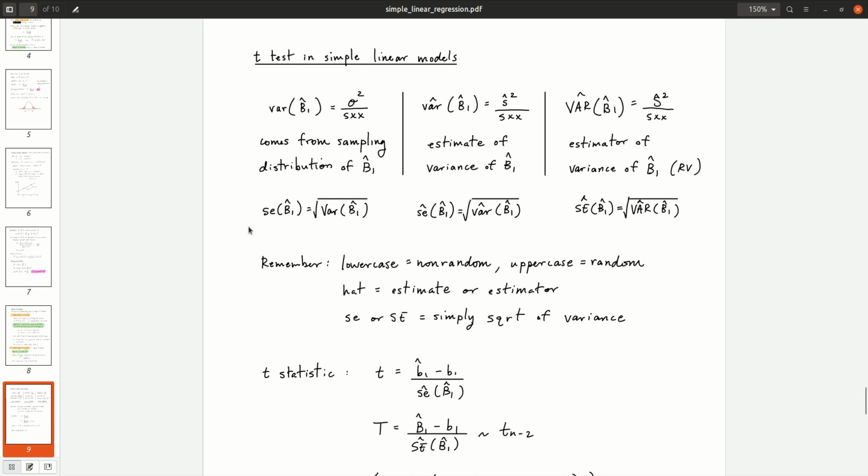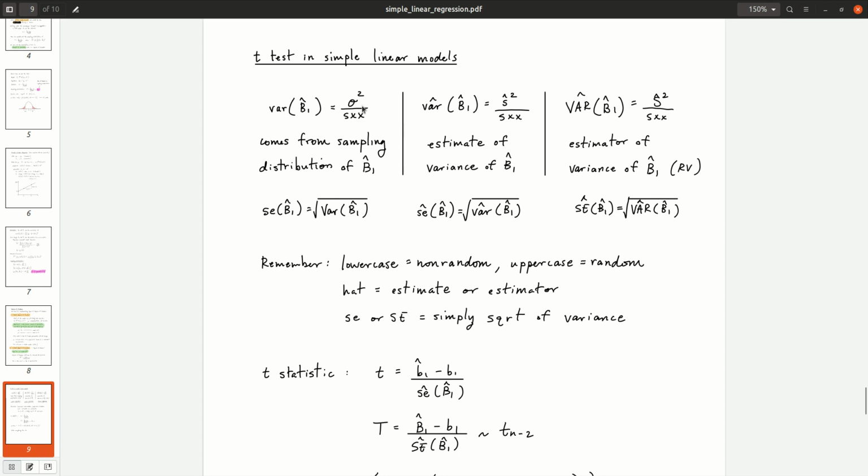I think it's a little bit unnecessarily confusing. So all we mean by standard error is just the standard deviation that appears in the distribution for the estimator. So if you see standard error, just think standard deviation of some distribution. It happens to be the distribution of the estimator of our parameter, which is simply the square root of the variance.